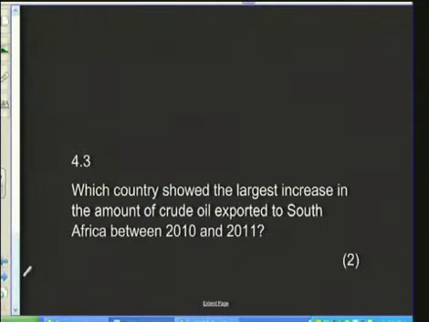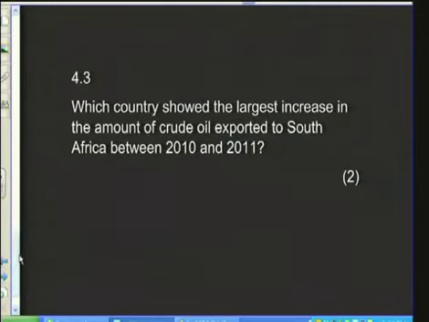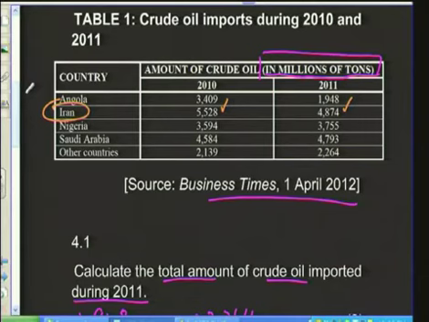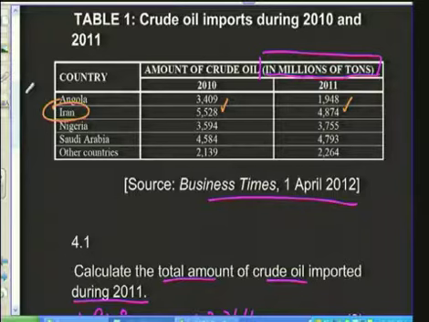And then lastly, which country showed the largest increase in the amount of crude oil exported to South Africa between 2010 and 2011? We're looking at the largest increase. So what we need to do is look at the comparison between the first and the second number. If we go to Angola, Angola from 2010 to 2011 went down.